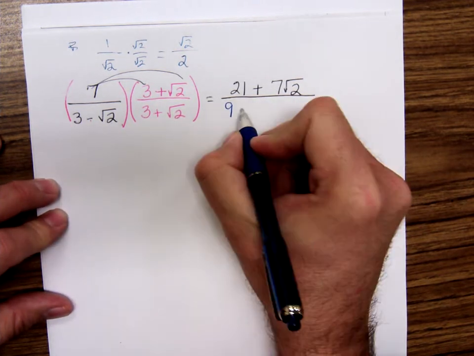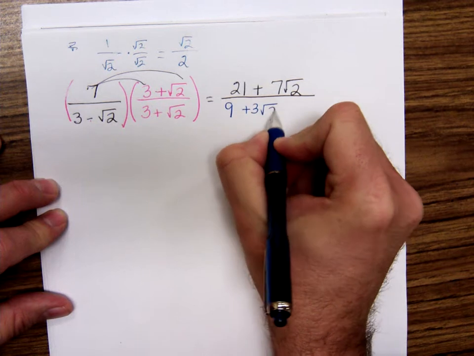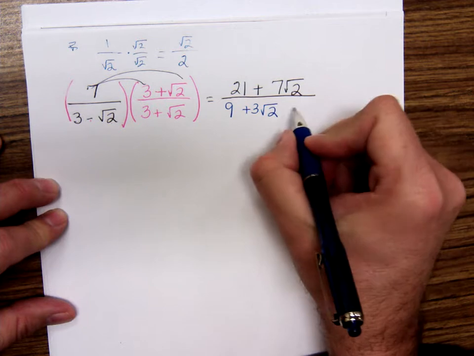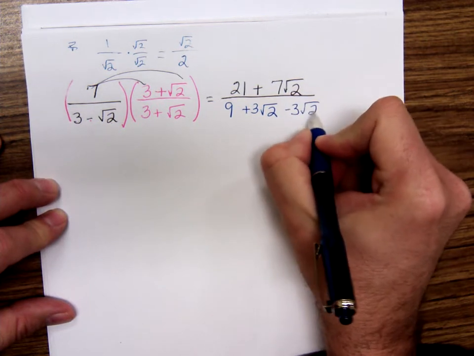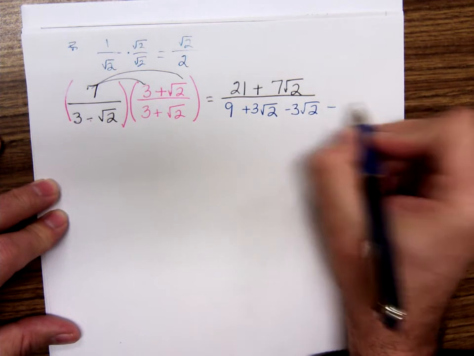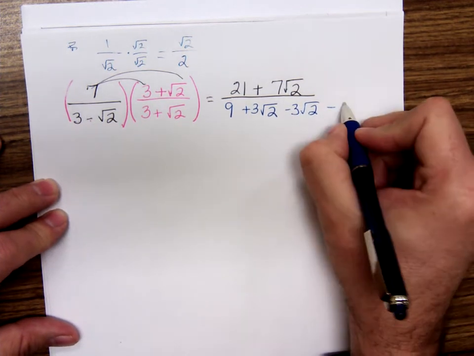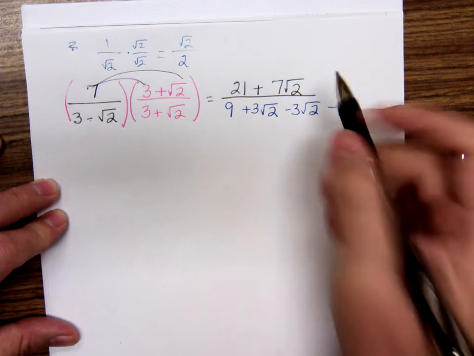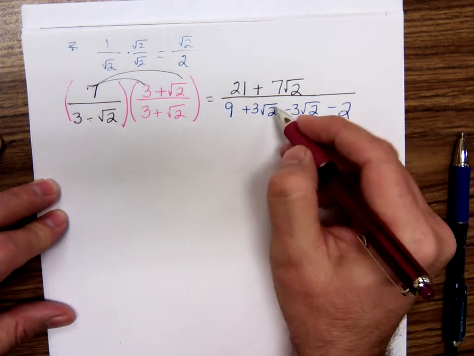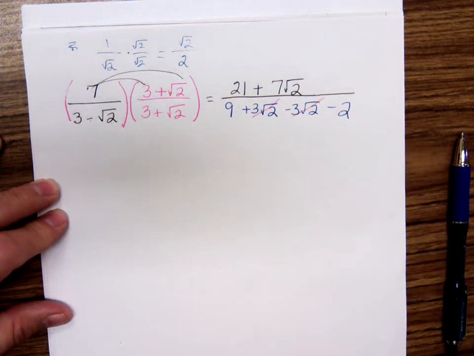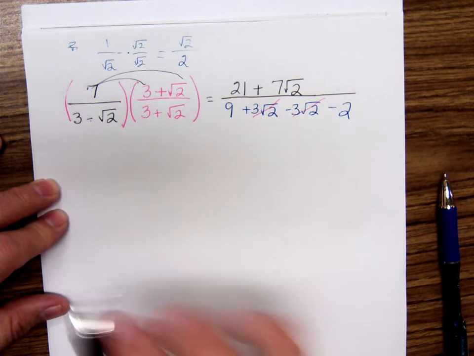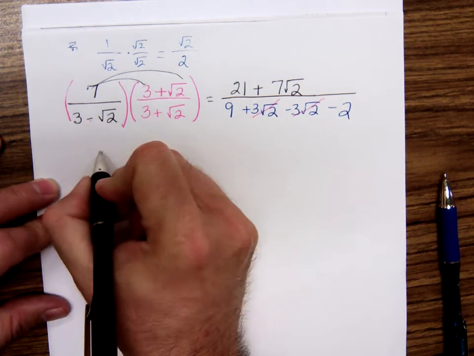Then a plus 3 square root of 2, that's first, outer, inner, and then negative square root of 2 times negative square root of 2 is just a minus square root of 4, which is 2. So the 3 square root of 2 subtract out. We no longer have any square roots in the bottom.